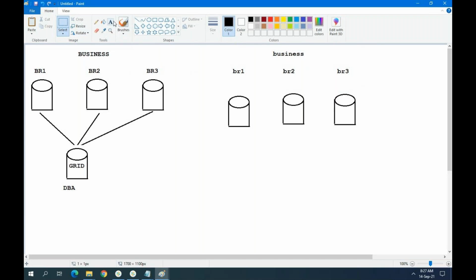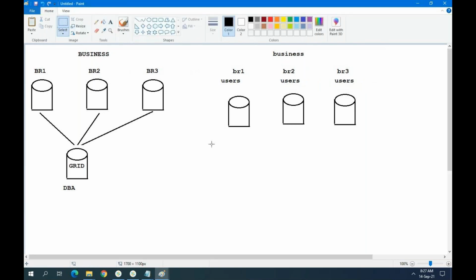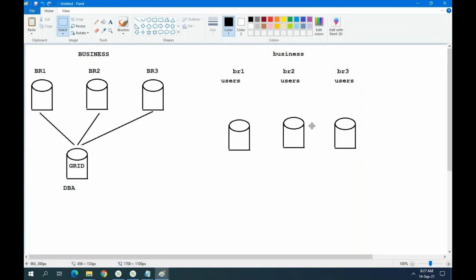Under each branch, you have some users. Users means maybe employees, or customers, or higher level managers, anyone. All are known as users. The users communicate with the business database by using web pages.